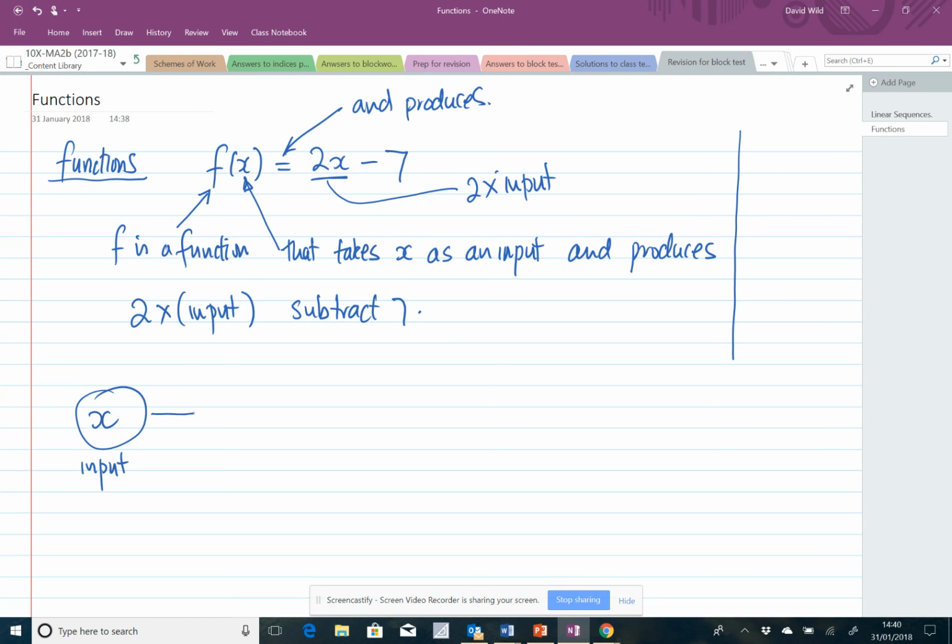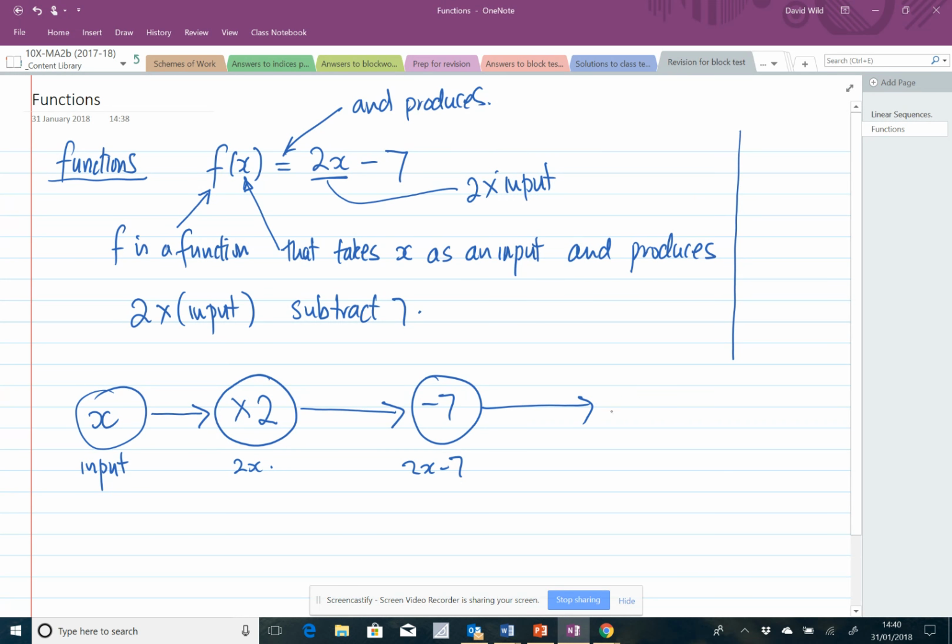And we then multiply by 2 to get 2x. And then we subtract 7 to get 2x minus 7. And that gives us our output.